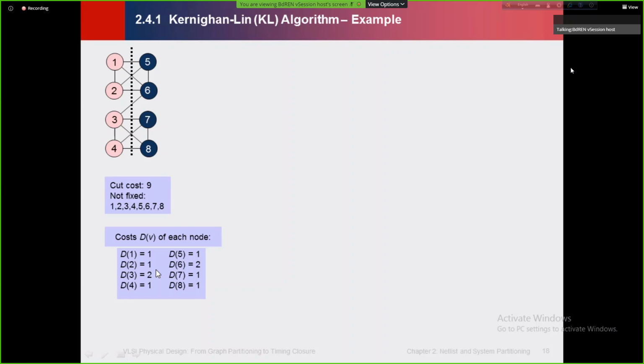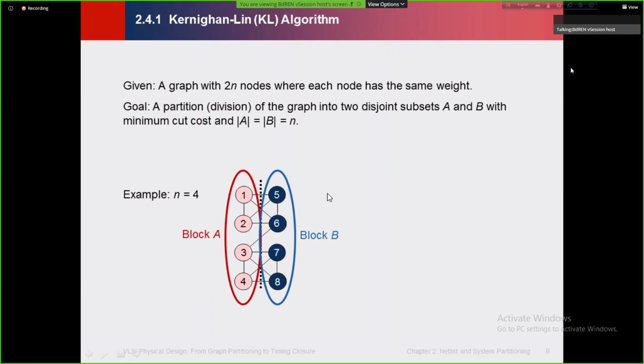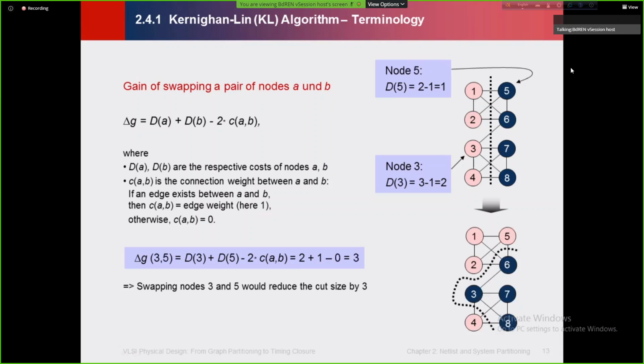We want to swap 3 and 6, but this is not the example. I want to show it, but because I am in the office now, I cannot show it. I don't have any board. Next class, when I do it from home, I can use the whiteboard to show you. Anyway, let's see the formula for swapping two nodes.